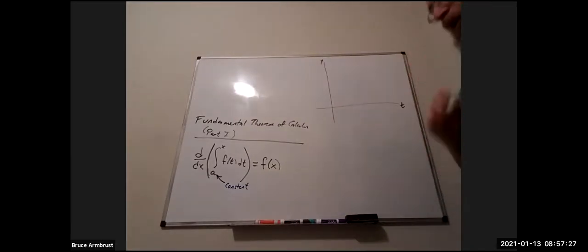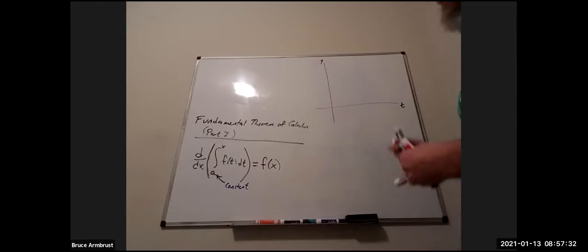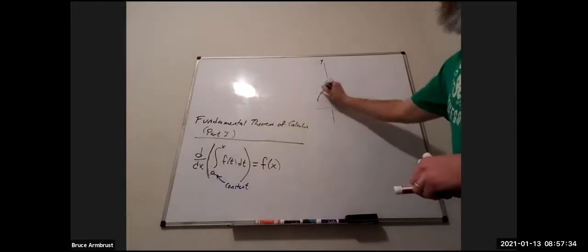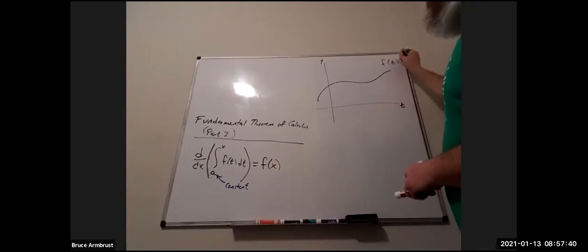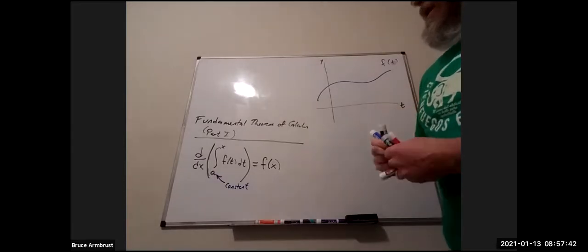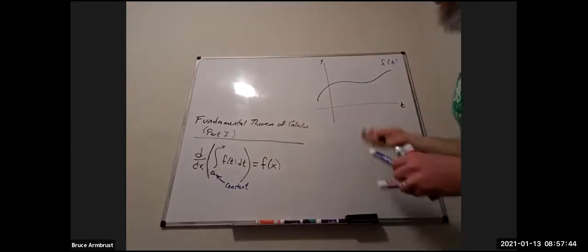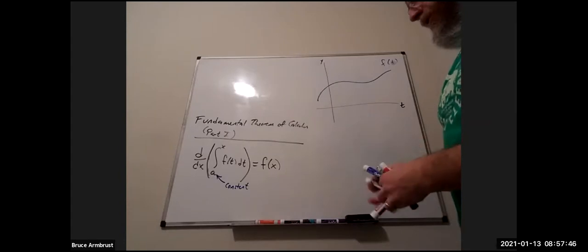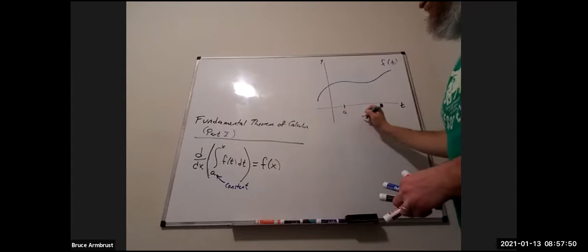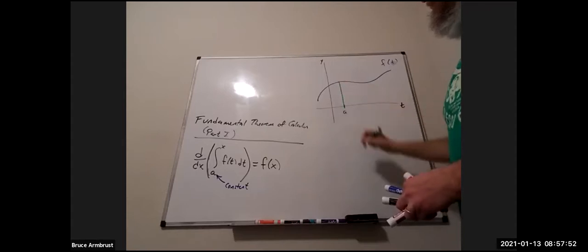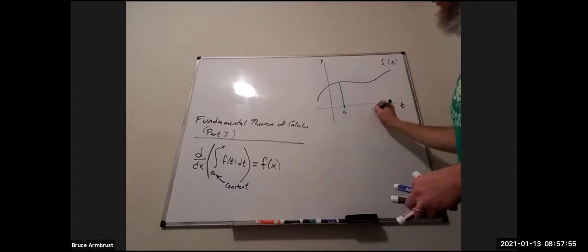So this is a ty plane, not an xy plane. We've got whatever our function is. Okay, so this is f of t. And we're integrating this from a to x. So on our graph, there is the place a, that constant that's fixed. And then we're integrating up to x.